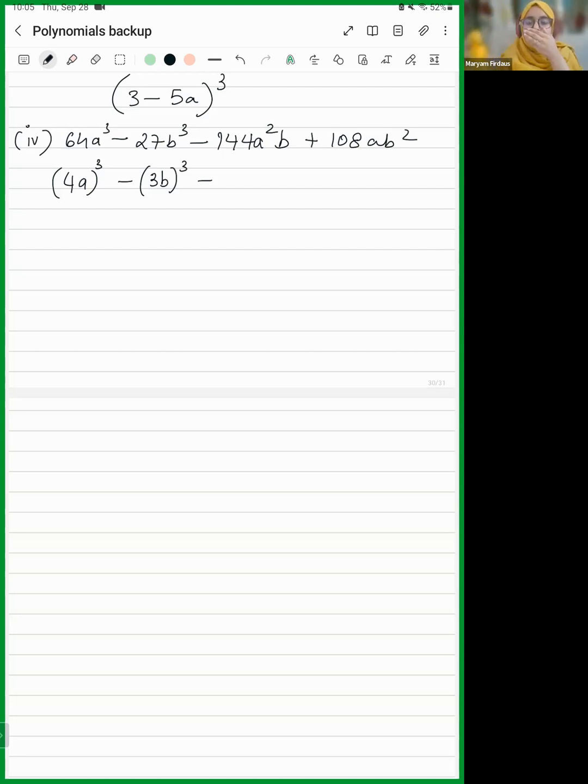Just a minute, Abdul Jabbar. The next one is the one which says 27p cube minus 1 by 216 minus 9 by 2p square plus 1 by 4p. That's the next one.